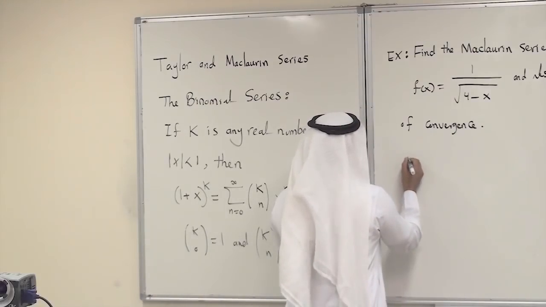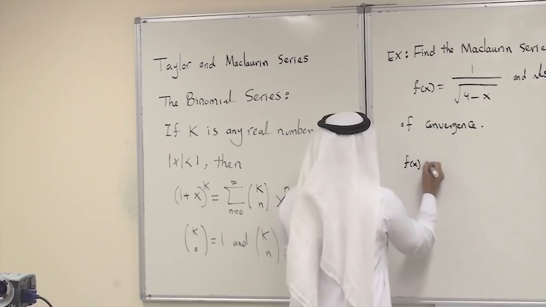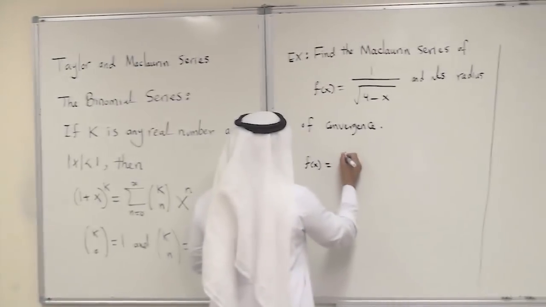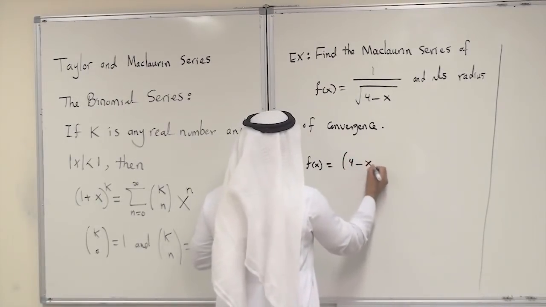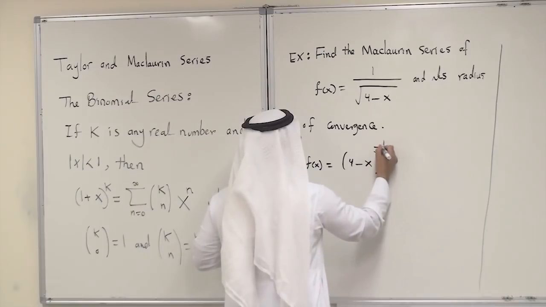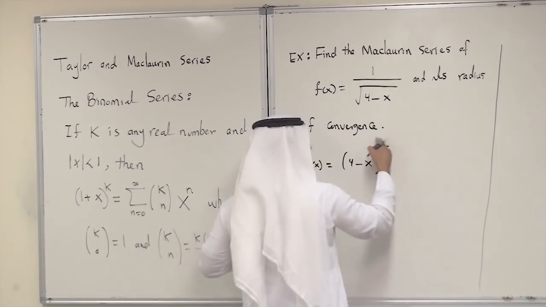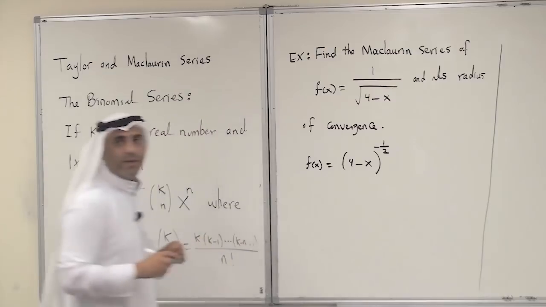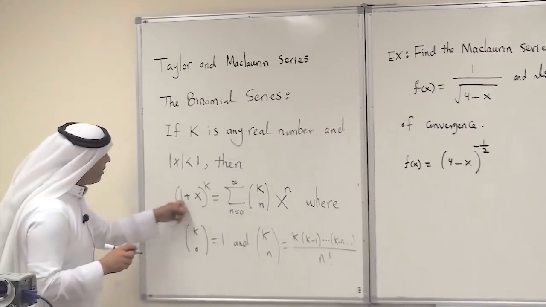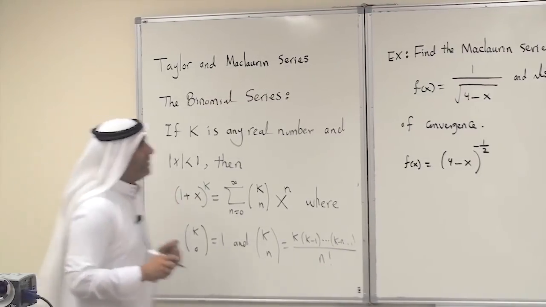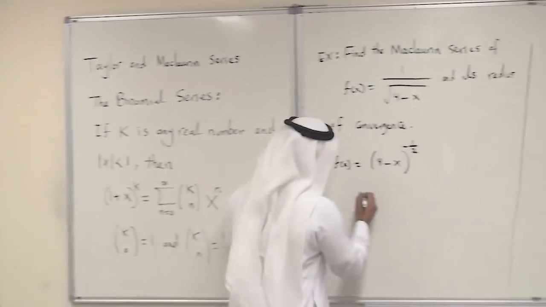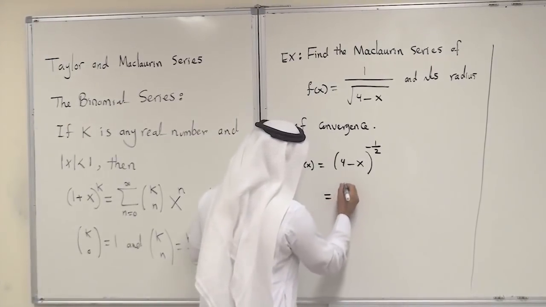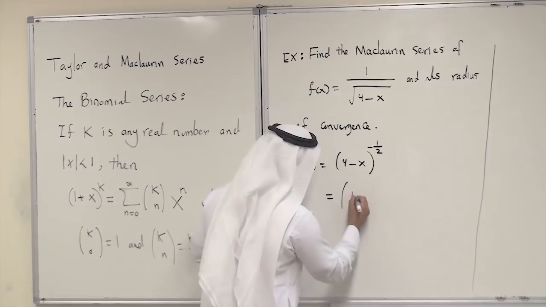I start with the function. My f of x is written like this. I will just rewrite it as 4 minus x all to the power -1/2, because we know the power here can be any real number. To put it in the form I need, 1 plus something, I take the 4 as a common factor.